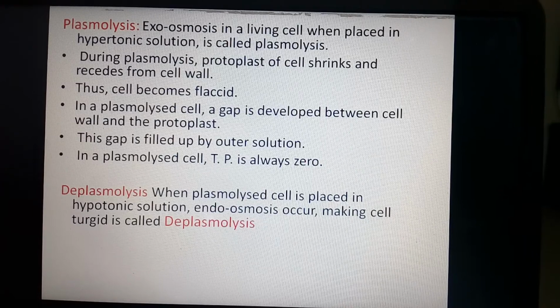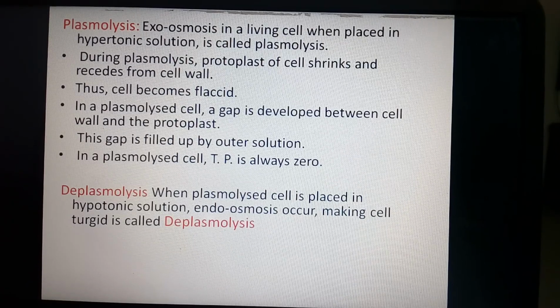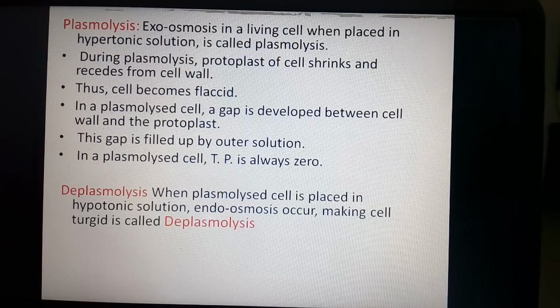So when a plasmolyzed cell is placed in a hypotonic solution, by the process of endosmosis, the cell becomes turgid. That means turgor pressure increases inside the cell, and the process is called deplasmolysis.